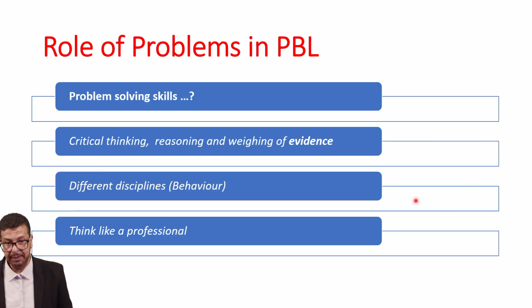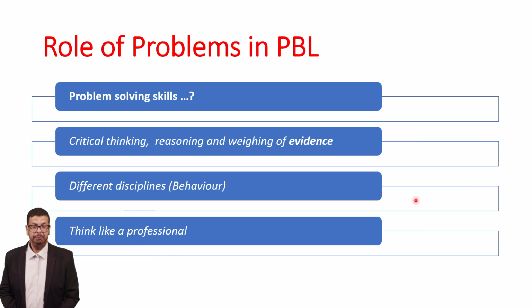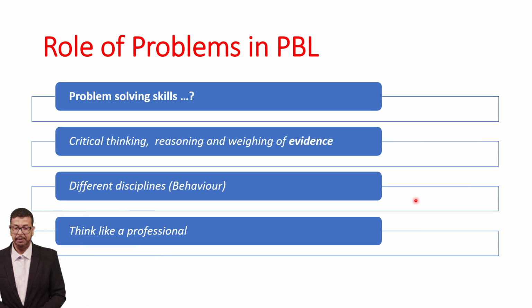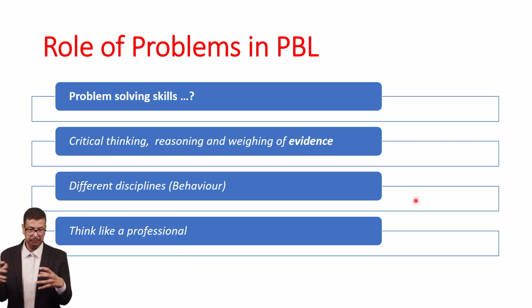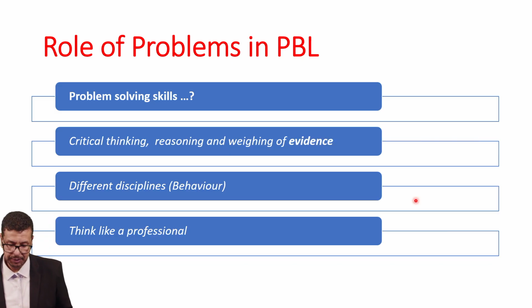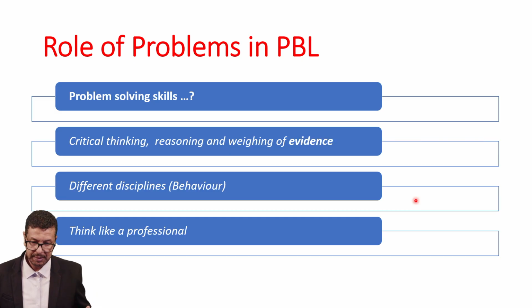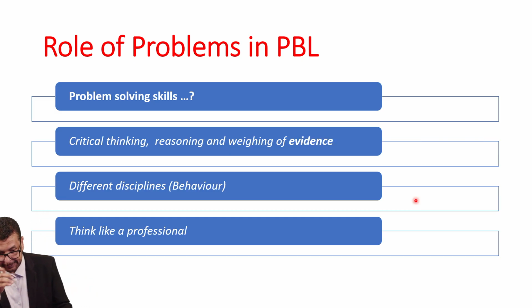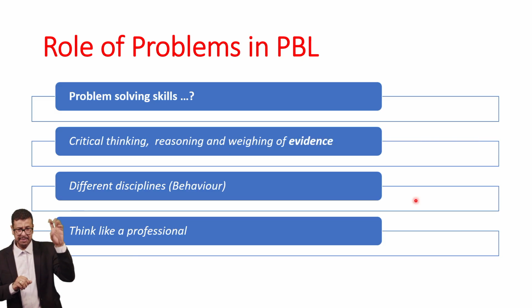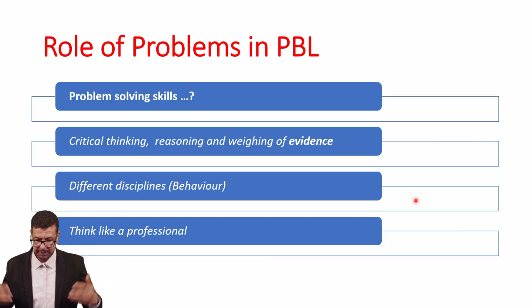In summary, the role of the problem in problem-based learning is to support you to develop problem-solving skills, critical thinking and reasoning, and weighing of evidence. It integrates different disciplines, including behavior, and it helps you to think like a professional, because when you receive a patient in your practice, you receive them as a problem, not in a discipline format like anatomy or physiology. No, you receive it as a problem.